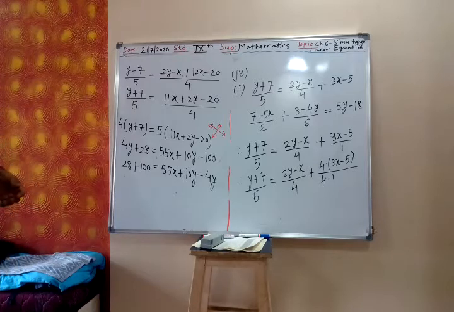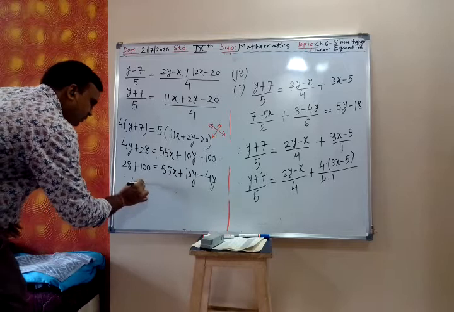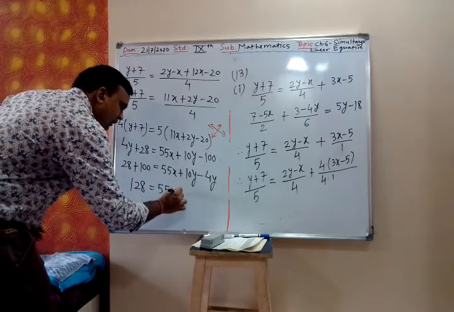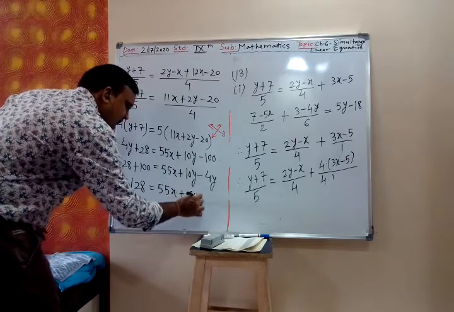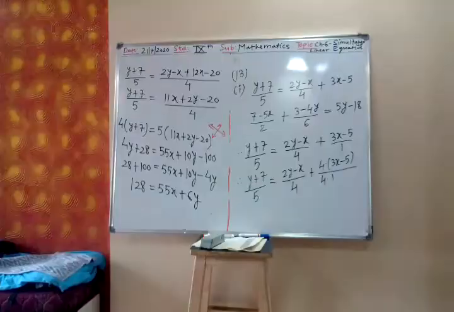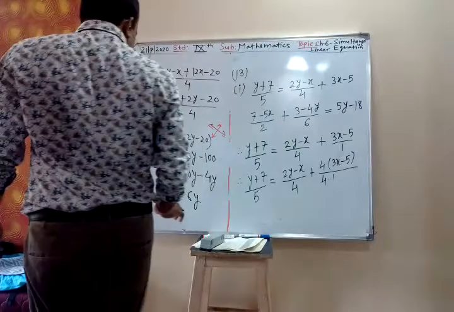Yes, minus 4y. So 28 plus 100, 128 is equal to 55x plus 6y. It is clear. 128 is equal to.